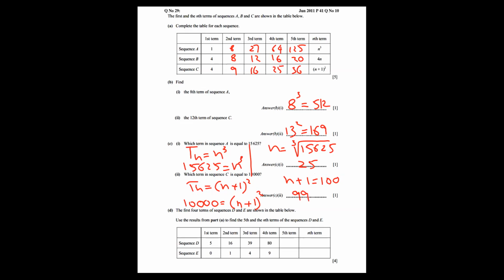Now we have to work out the last part. Read the statement, please. First four terms of the sequences A, B, C, D and E are shown in the table. So we have 5 sequences in this question. He's asking here, find the fifth term and use the results of part A. It means the part A results are available here, here, and here.